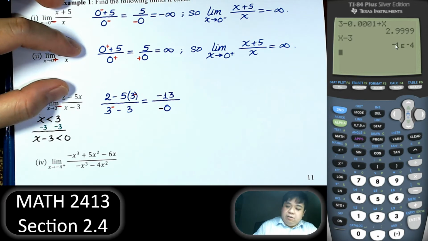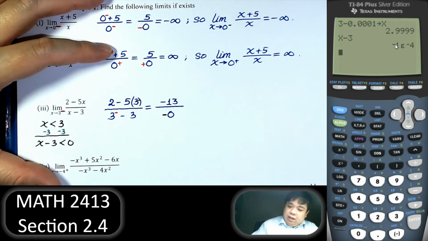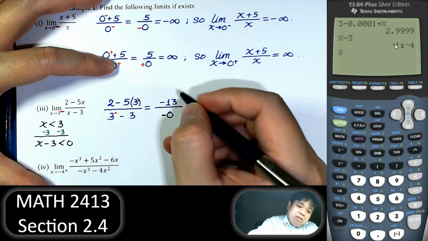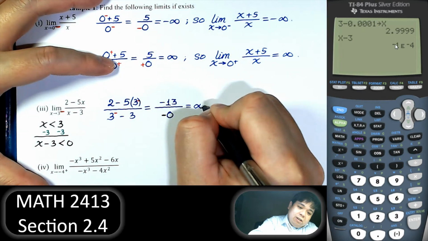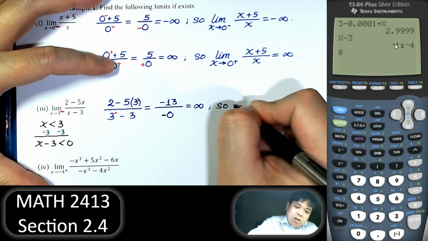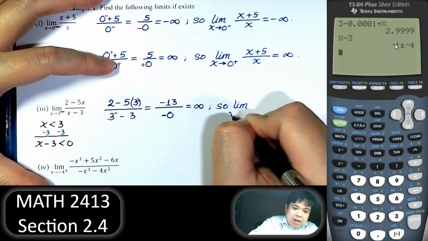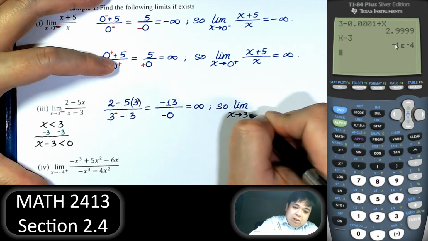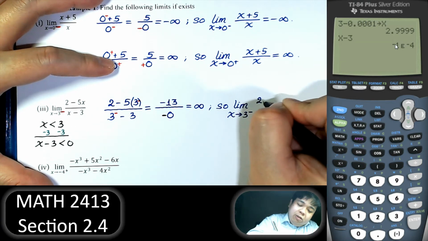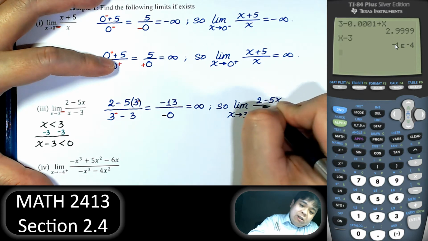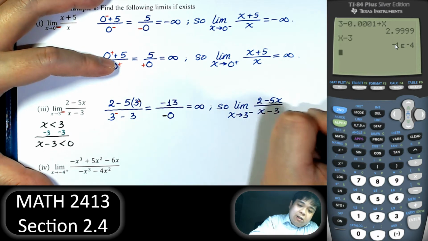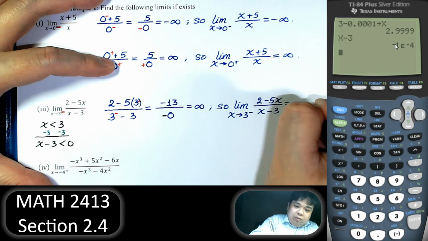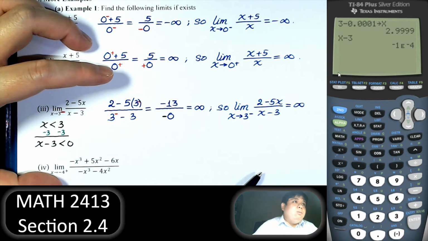It is negative. And negative divided by negative is positive. So the limit as x goes to 3 from the negative side, from the left side, is equal to infinity.